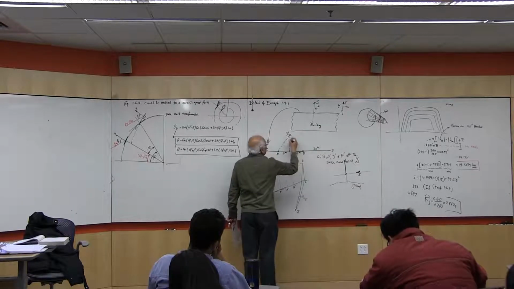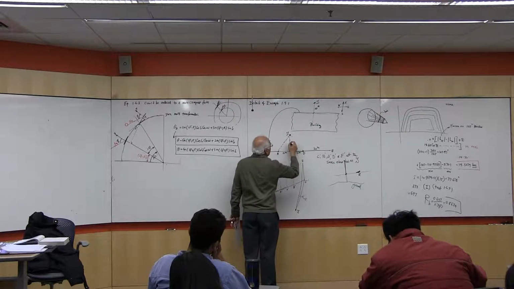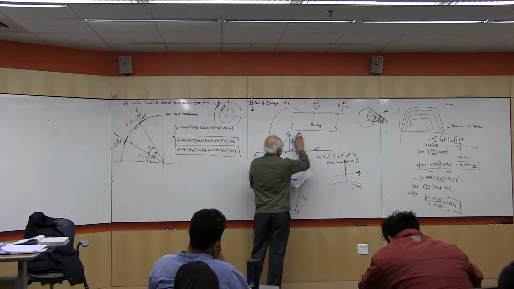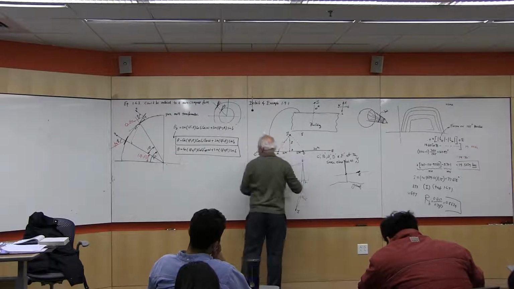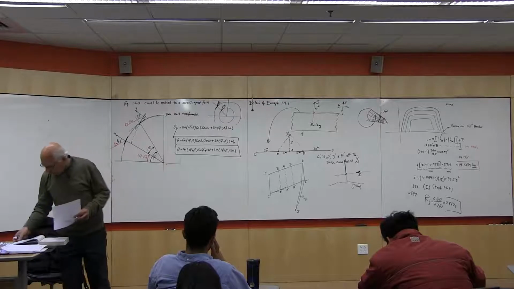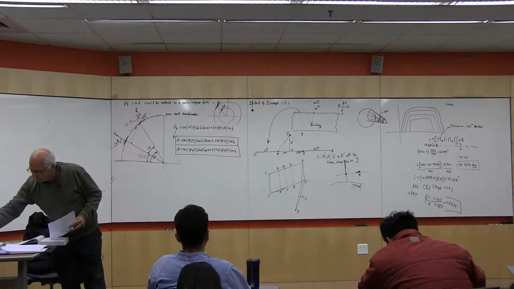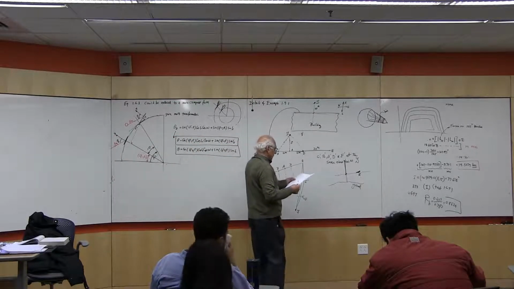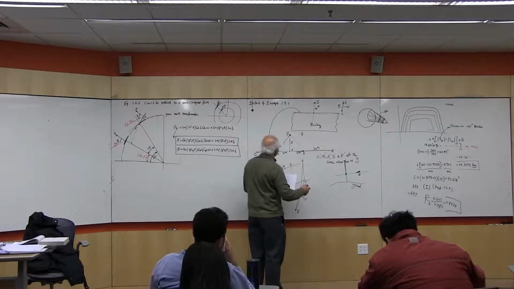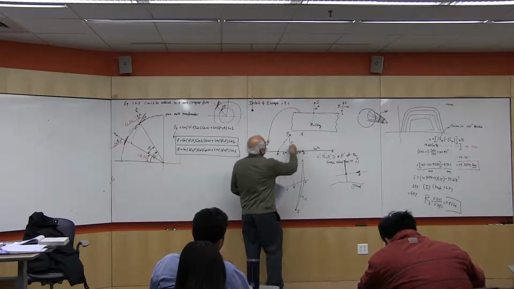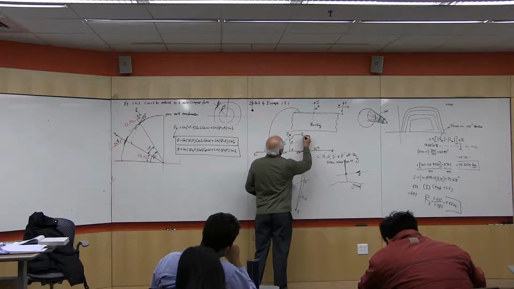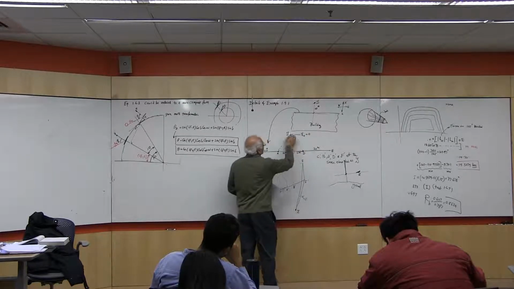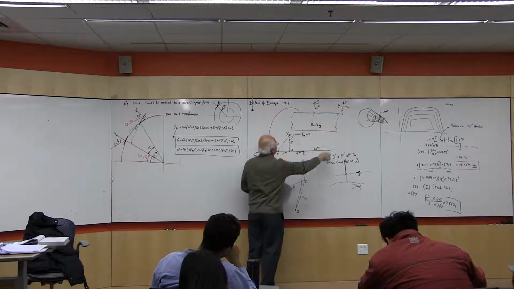So gamma for this line, OA, we call it, is 0 because this is in the direction of the north-south.